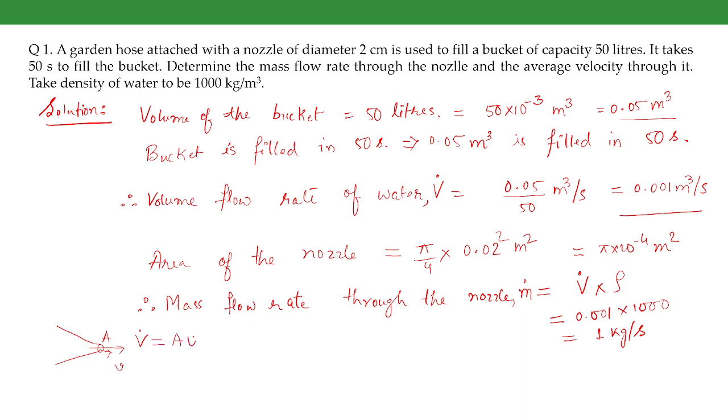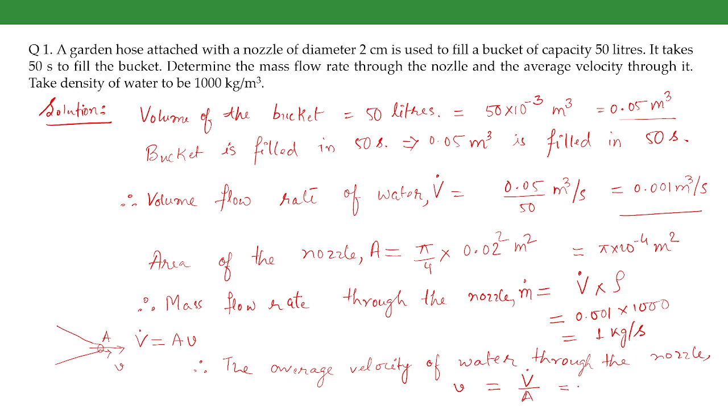So this is A v. Therefore, the average velocity of water through the nozzle will be V dot by A. So this will come out to be 0.001 by pi into 10 to the power minus 4.